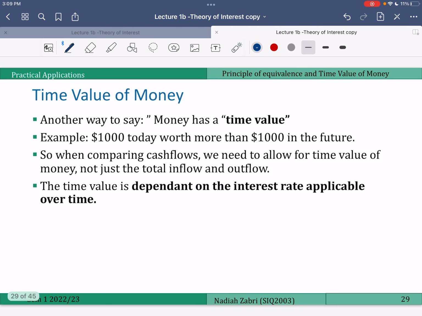Next is time value of money. The concept is quite related to the principle of equivalence. So we are saying that $1,000 today is worth more than $1,000 in the future.